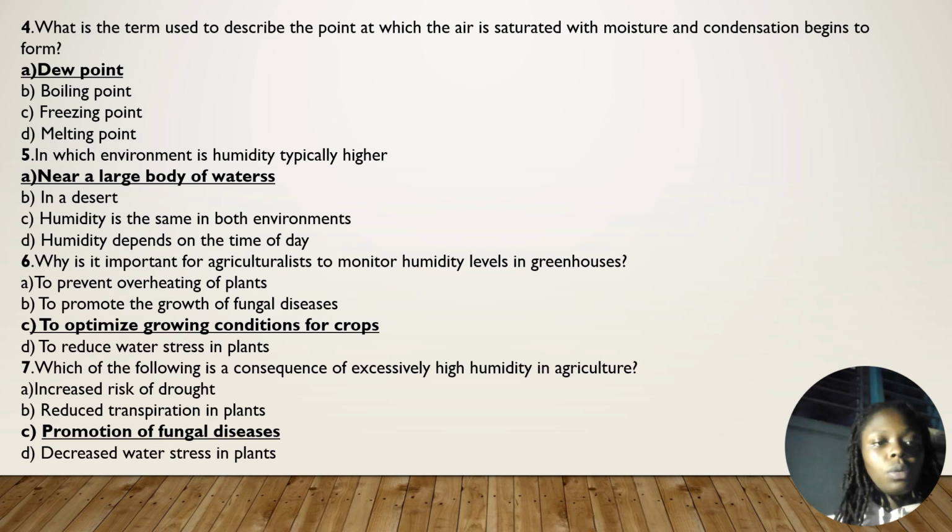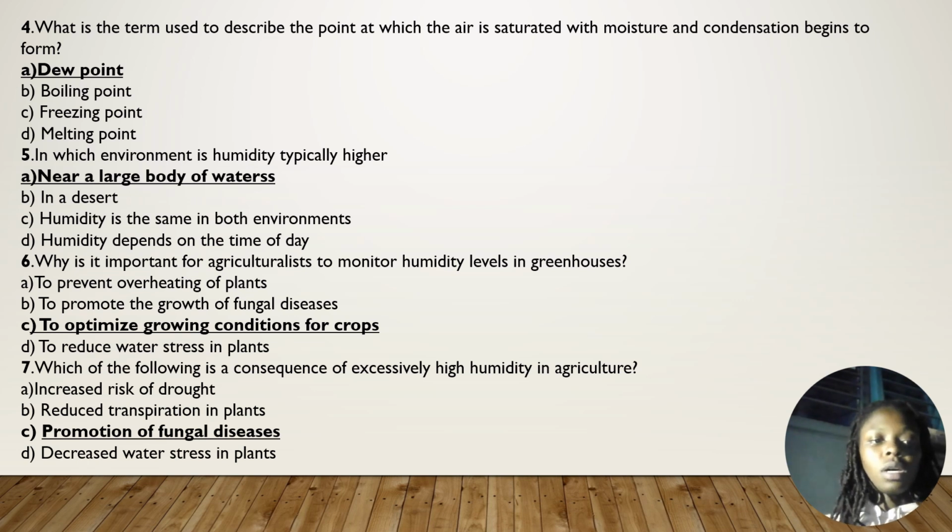Number 5, in which environment is humidity typically higher? The correct answer is near a large body of water. The answer is A. Question number 6, why is it important for agriculturists to monitor humidity level in greenhouses?